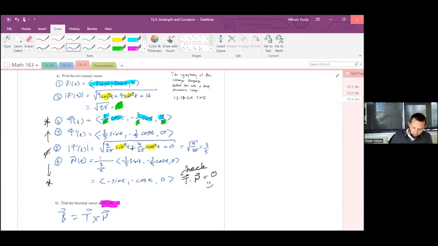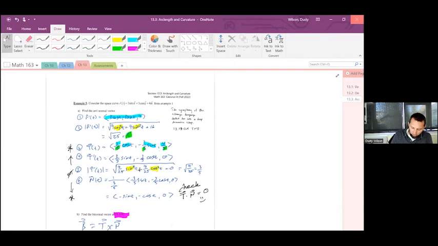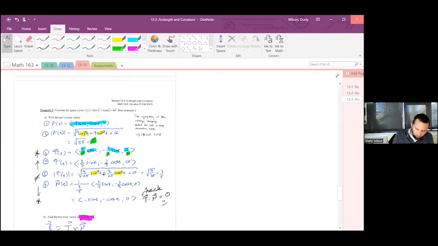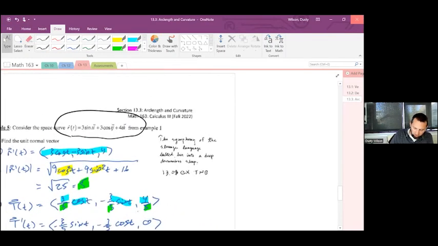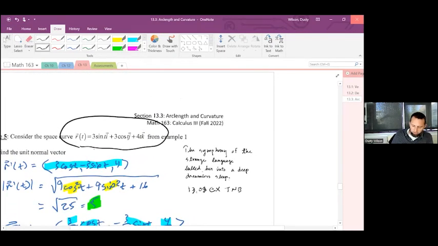Notice that our curve, you can ask, what's the time when we're at 0, 3, 0? Our curve is r equals 3 sine t, 3 cosine t, 4t.